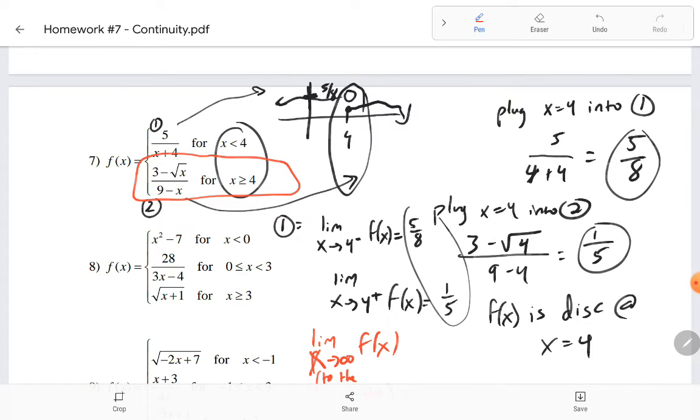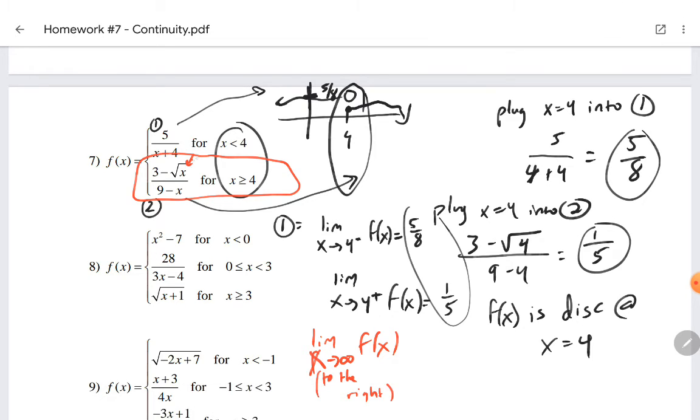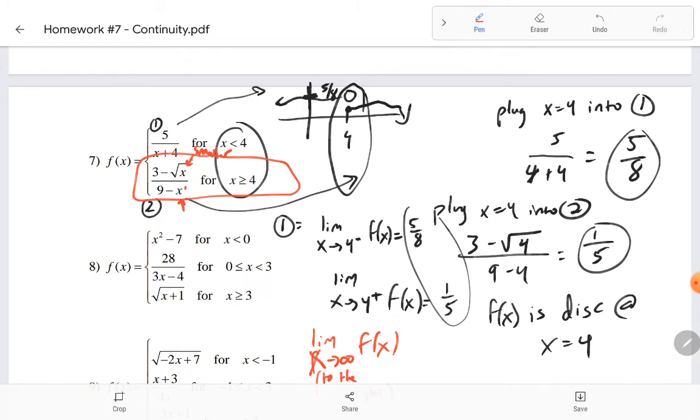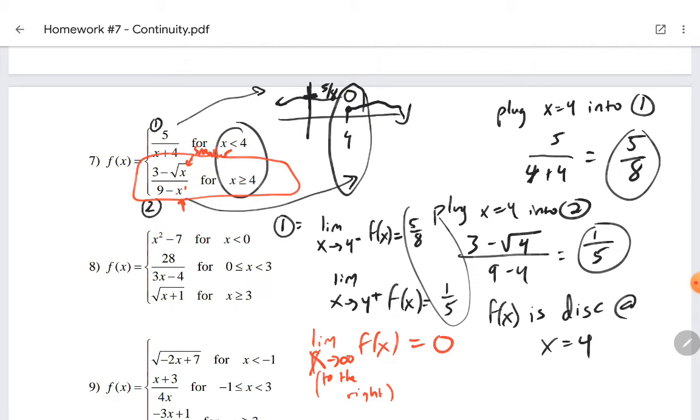So those infinity tricks that we learned before are going to come into play here, right? For instance, this one, it looks like the power is smaller on top than on bottom, because root x is like x to the 1/2 and then x is x. So that means this one is actually going to go to 0 because it's bigger on the bottom as we go to the right.